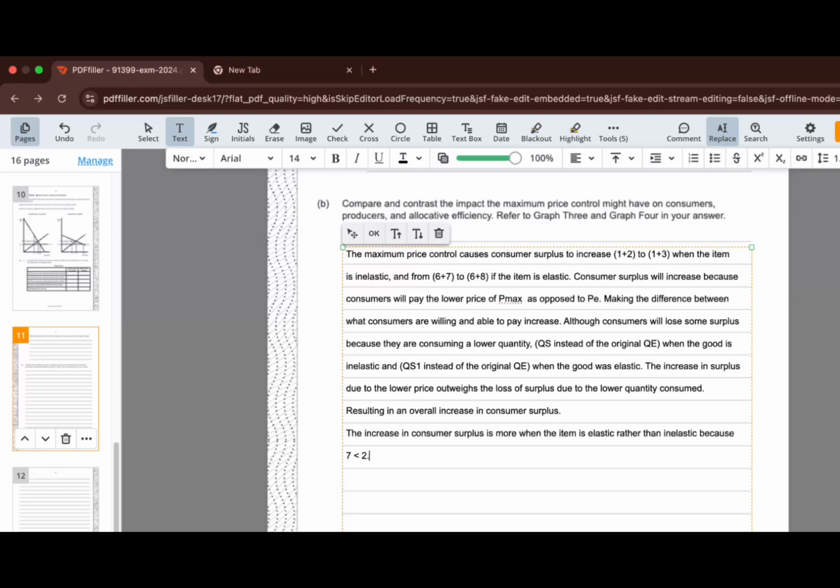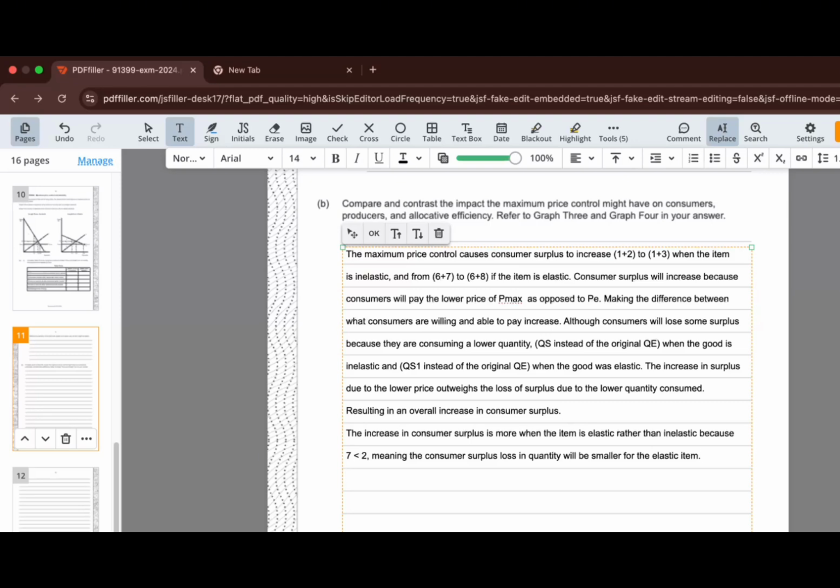It's 2, meaning increasing consumer surplus is more known as elastic. 7 meaning the consumer surplus loss in quantity will be smaller.